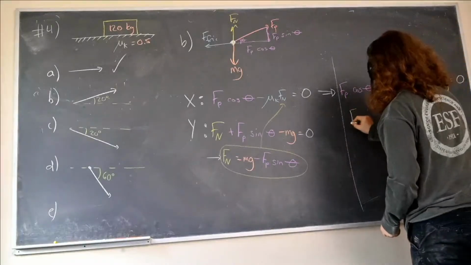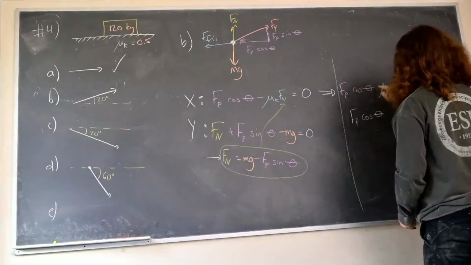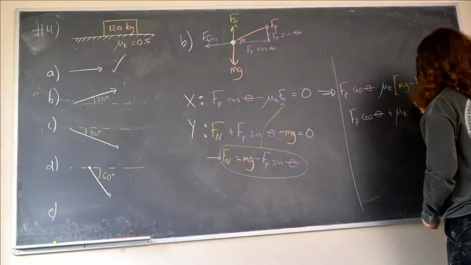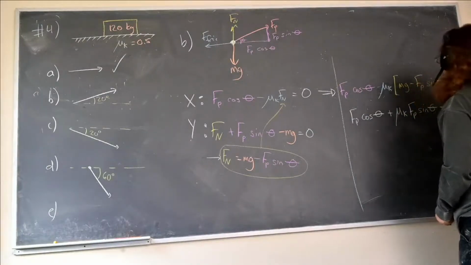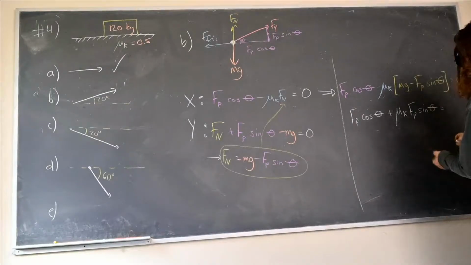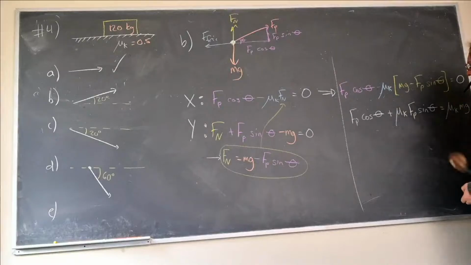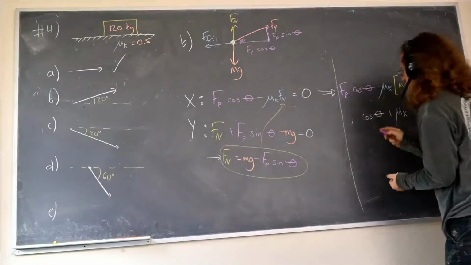So I've got Fp cosine theta. Minus times a minus is a plus, so plus mu k Fp sine theta equals mu k mg. Just color coding here.